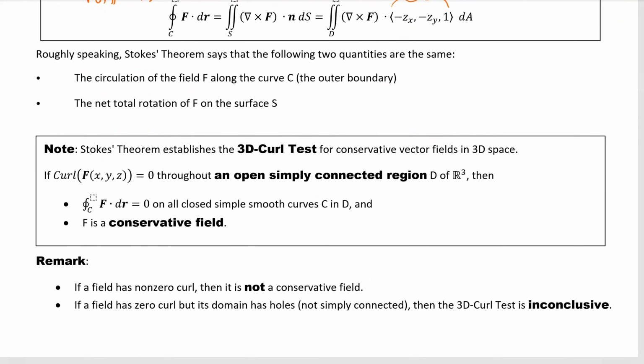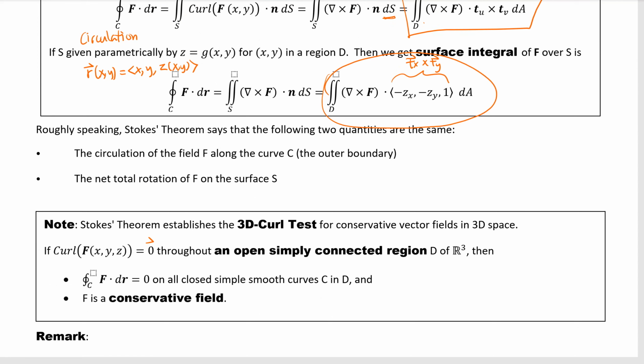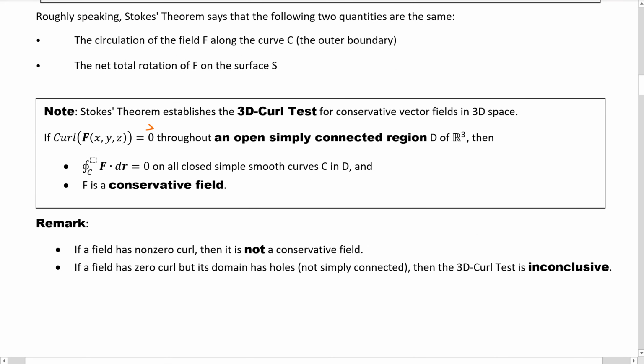If the curl is 0, meaning the 0 vector, throughout an open, simply connected region D of R3, then the surface integral will be 0. It means the circulation is 0 on all closed simple smooth curves C, and then F is a conservative vector field.